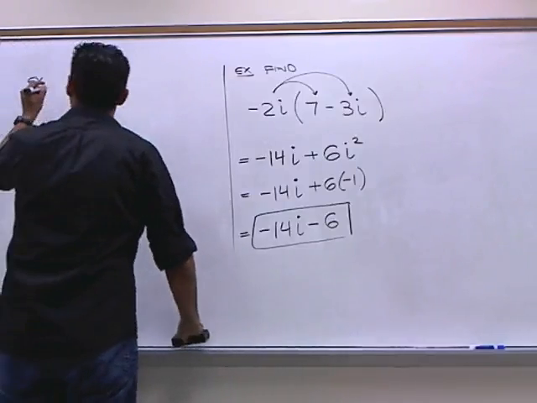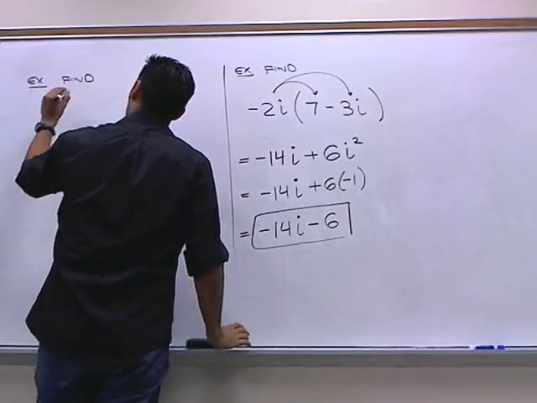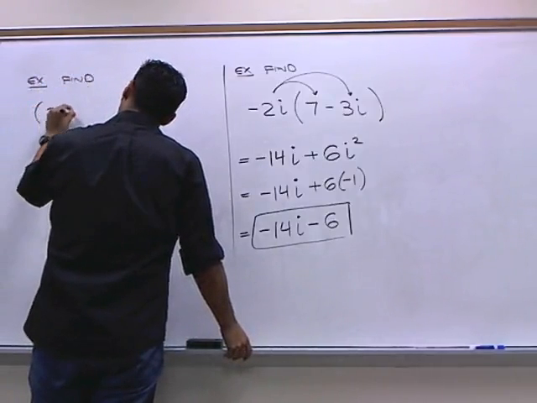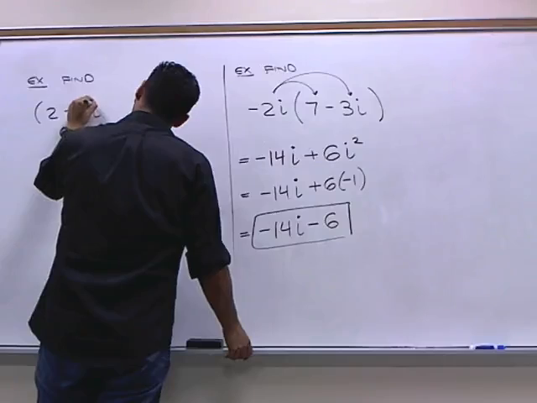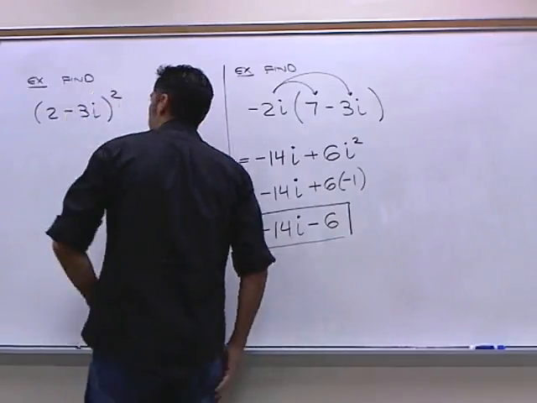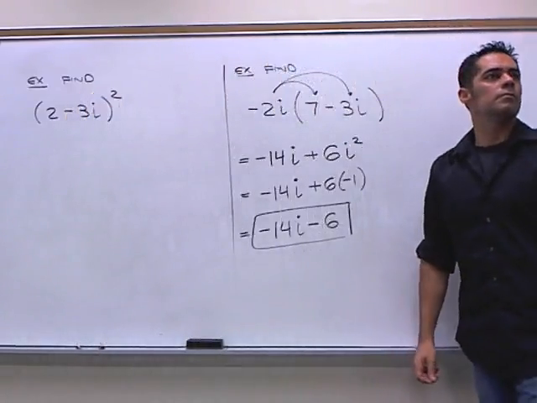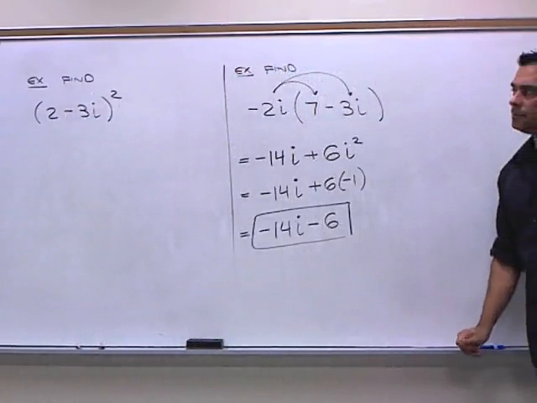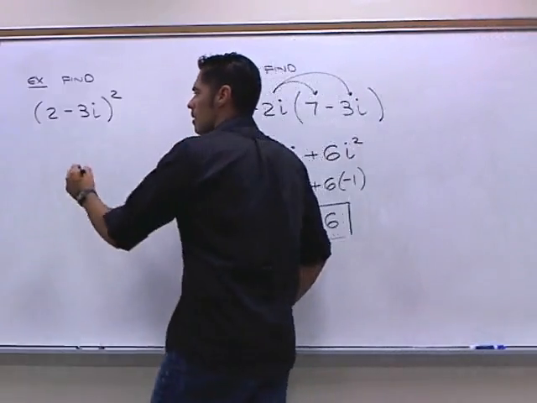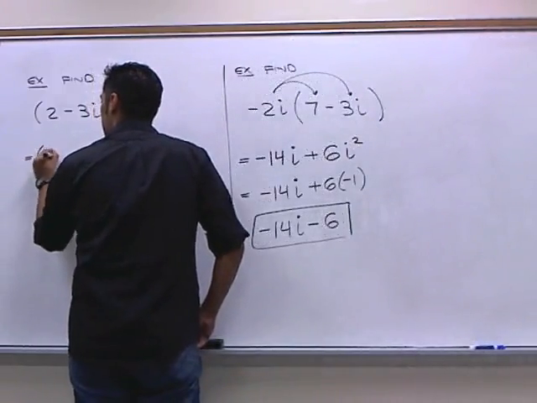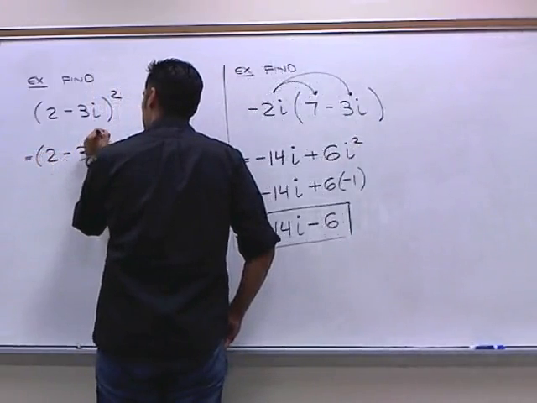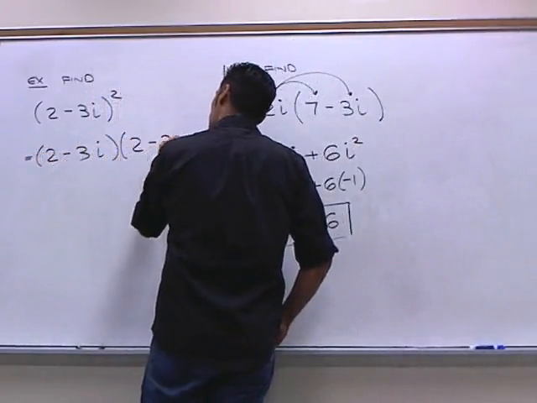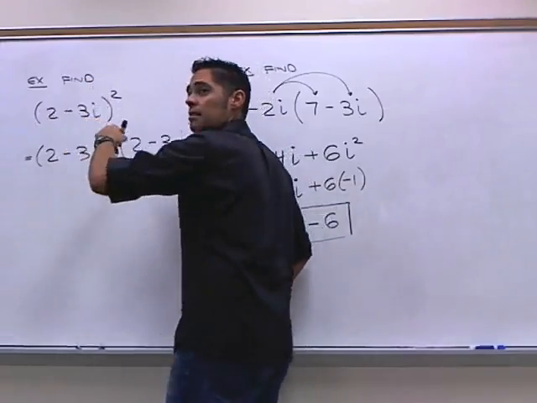What about if I ask you to find 2 minus 3i squared? So by squaring it means it times itself, right? It does not mean you square each one, right?